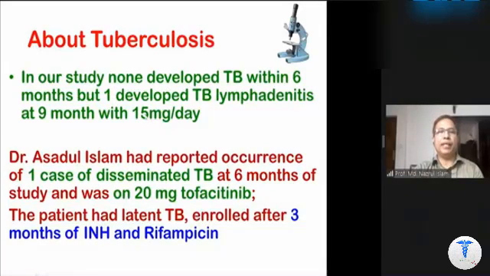He responded, but at the end of 9 months, he developed tuberculosis, tubercular limb adenitis. And Dr. Asad, in his study, the patient had latent TB. He treated the case and then started treatment. And with the 20 milligram of tofacitinib, one case developed disseminated tuberculosis at 6 months.